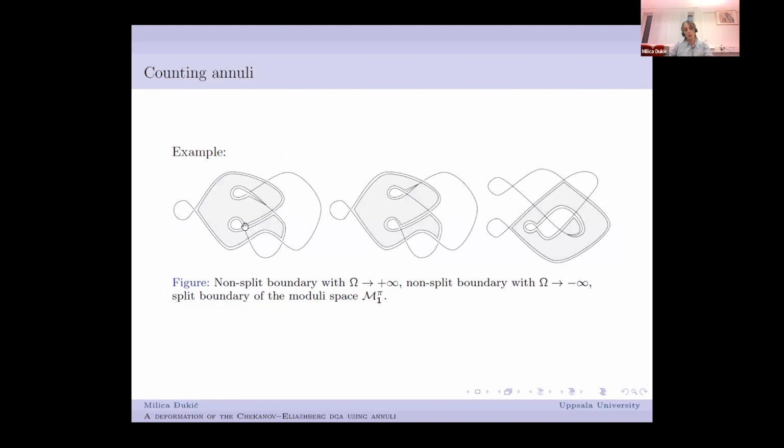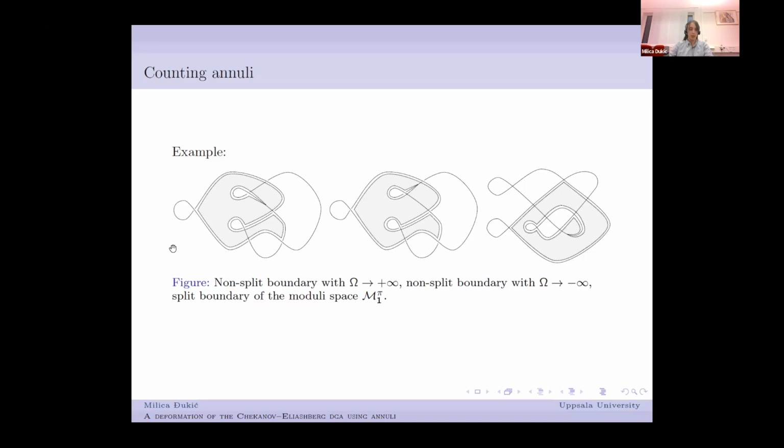One that we'll call non-split, where the branch point hits the boundary component that it doesn't belong to. And the second, as in this third figure, where the branch point hits the boundary component where it belongs to. And in the first case, we get a disk with two additional positive punctures in the limit. And in the second case, we get a disk bubble together with an annular part, which is a rigid annulus in the projection.